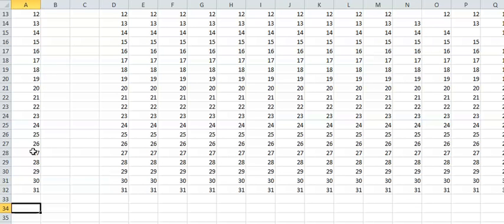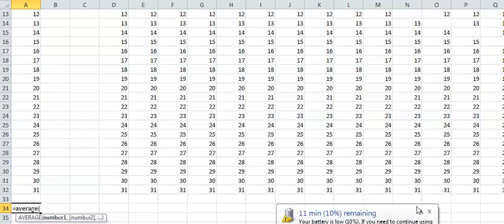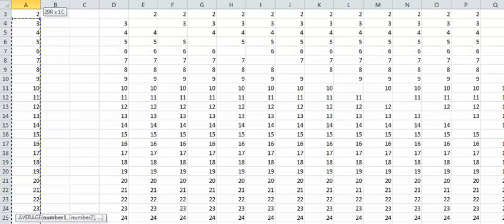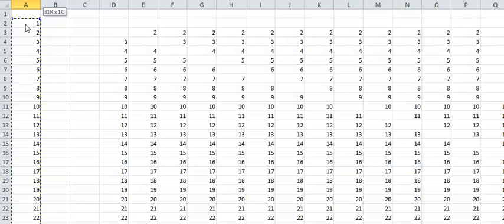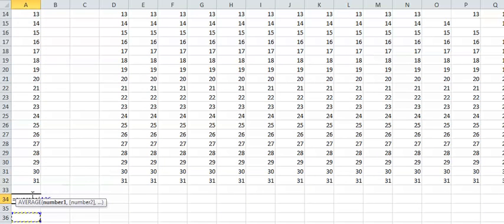So if I type in equals average, and then I highlight the population numbers, I can get the mean of the population. I didn't do that right.